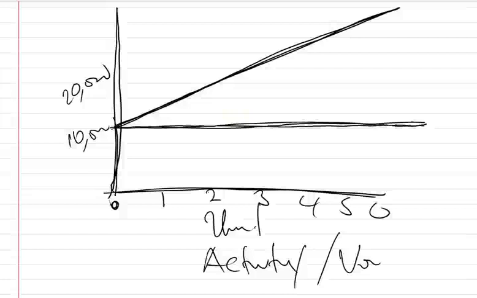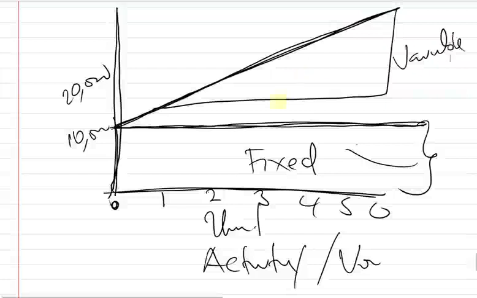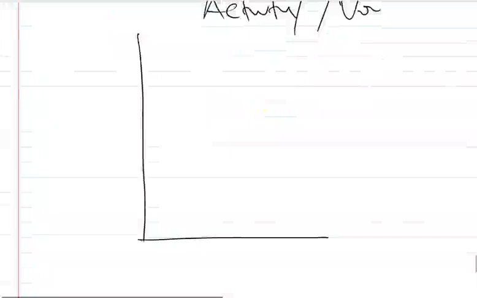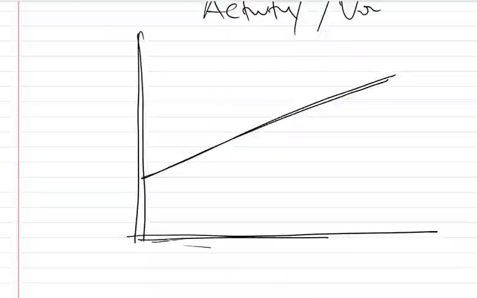It does not depend on the amount of activity being consumed. So this is the fixed element, and this is the variable element. So it's basically a combination. Your cost will not start from 0. It will start from somewhere like that. So that's how the graph of mixed cost looks.